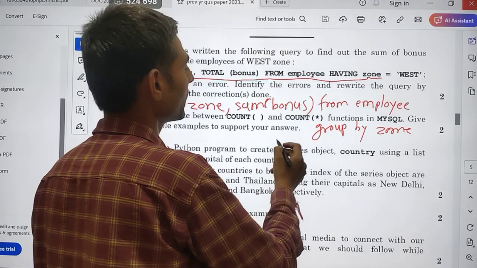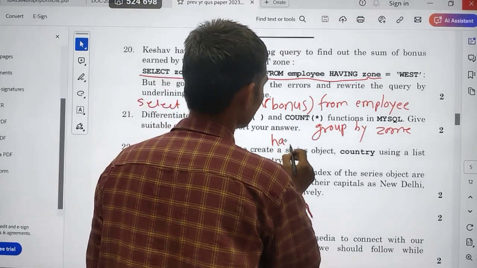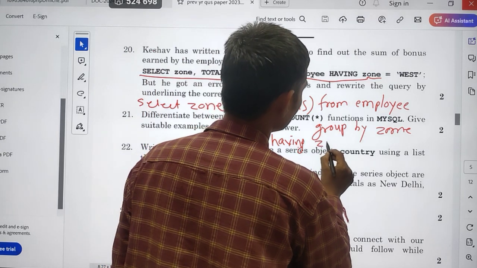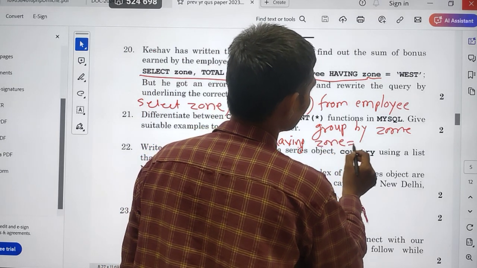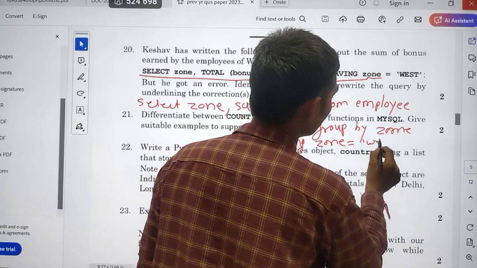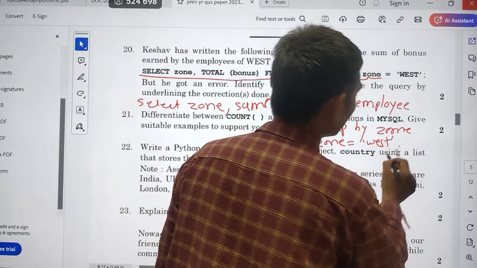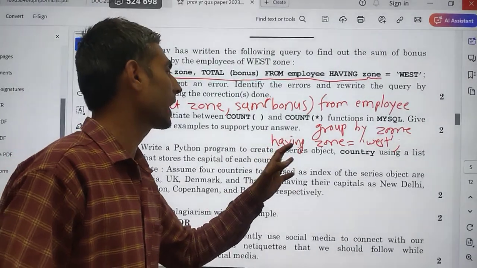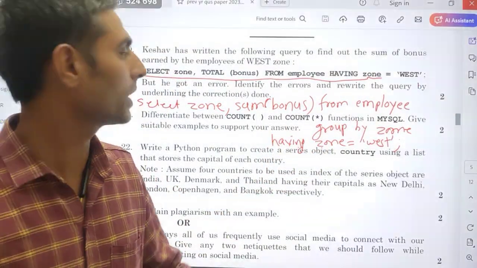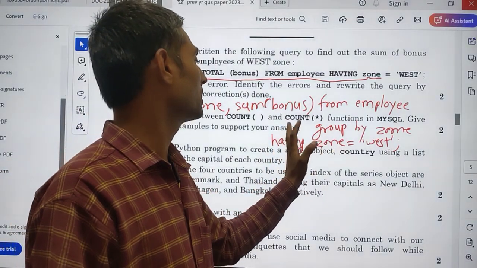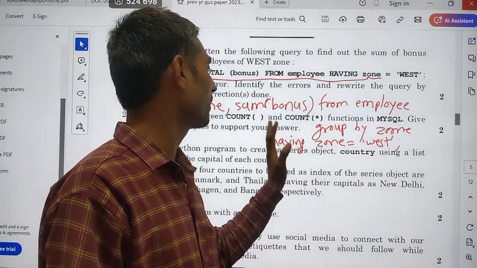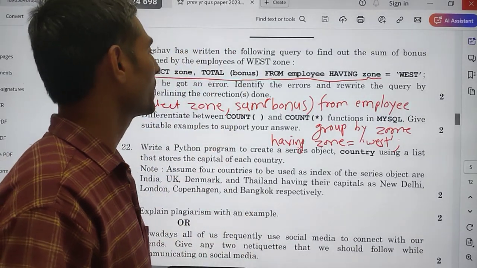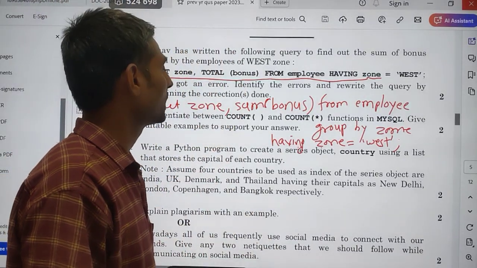Now we can write having zone equals to West, or simply we can write where zone equals to West. So this is the way we can write the correct output of that question.